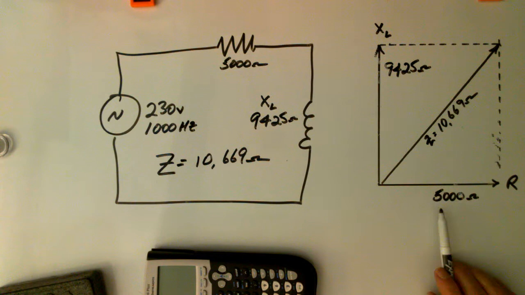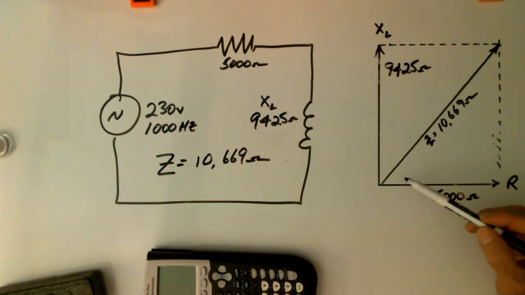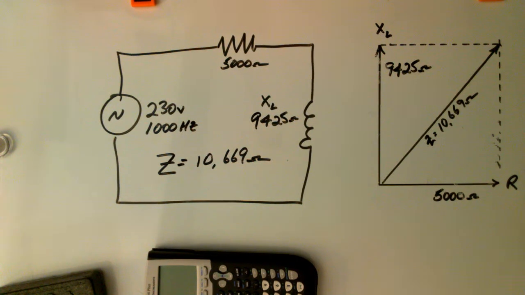The horizontal line is resistance, the vertical line is reactance, and then the hypotenuse is impedance.